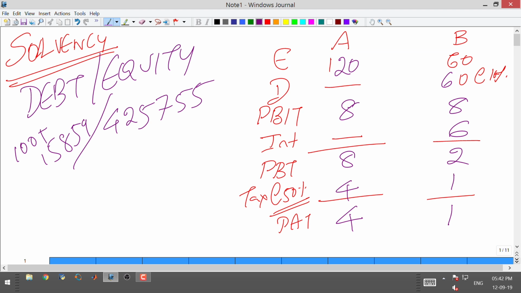That is basically what happens in this particular case. Since debt is very low, it is 0.03 to 1, that is what we see.